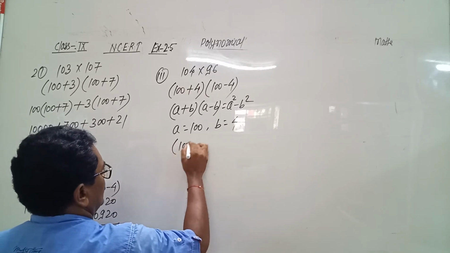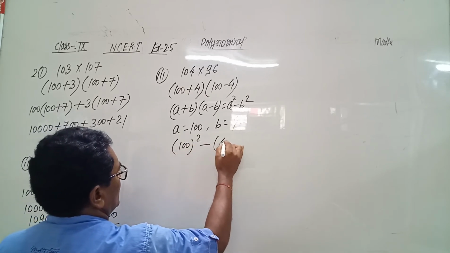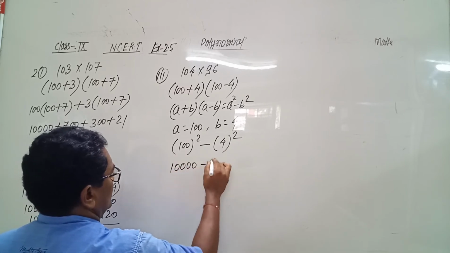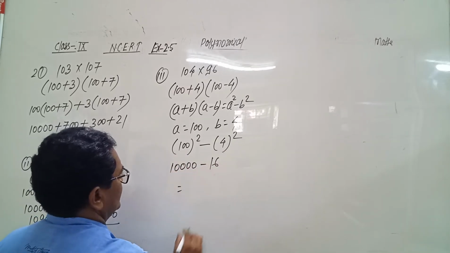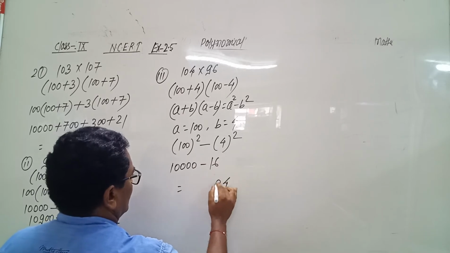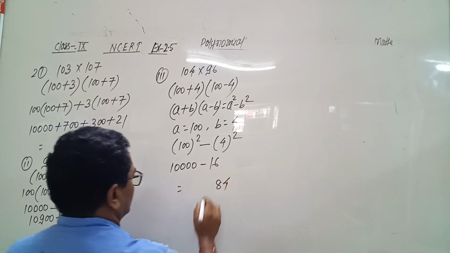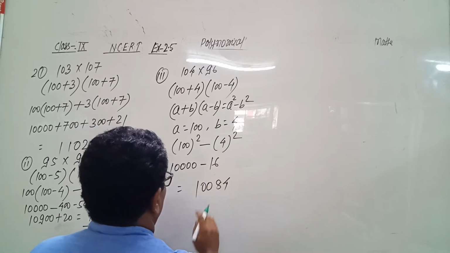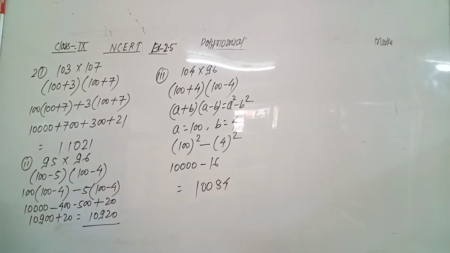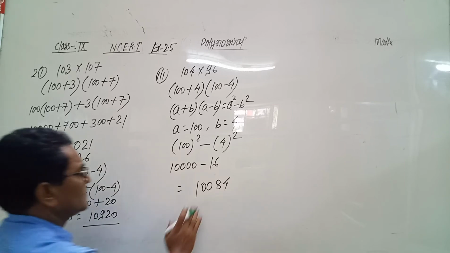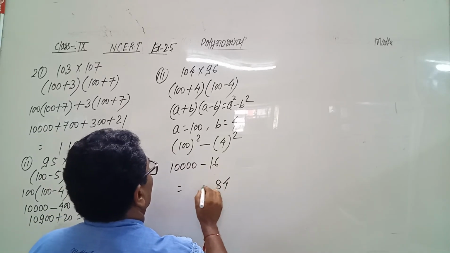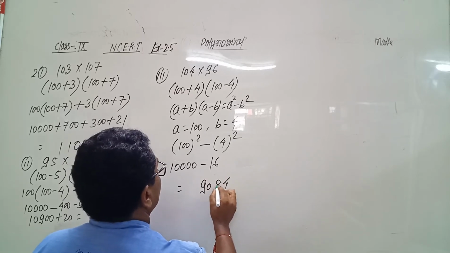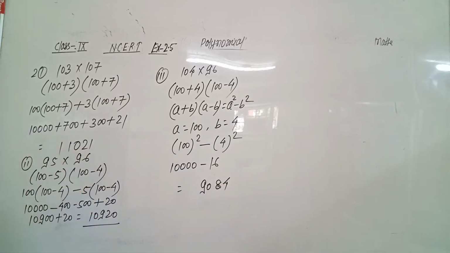So 100 the whole square minus 4 the whole square. It gives 10000 minus 16. We subtract, and we get 9984.